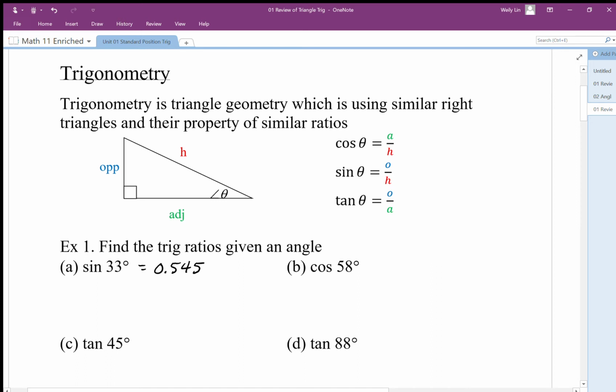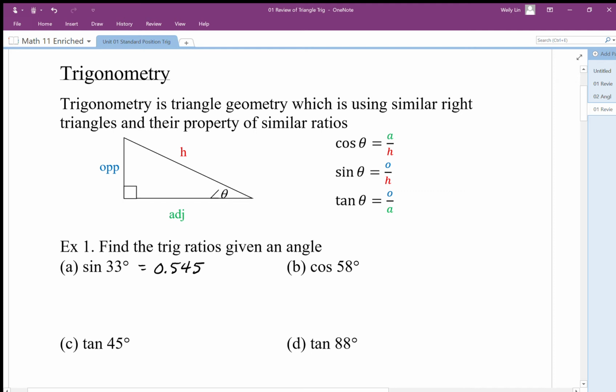That means the opposite side is about 54% the length of the hypotenuse, and that ratio will give us about a 33-degree triangle. In this case, this is pretty close to that, maybe a little bit bigger, and that angle is pretty close to 33 degrees.